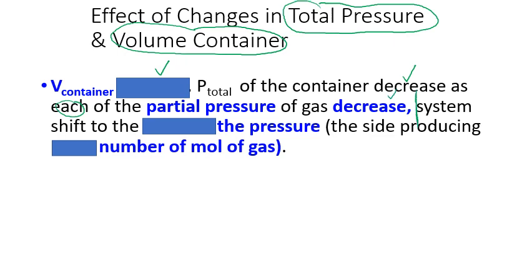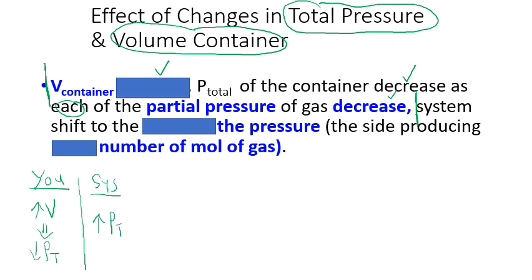So up to here, this is the effect of your action. Even though you increase the volume of the container, at the same time you are actually reducing the total pressure. So the system will oppose it to increase the total pressure.